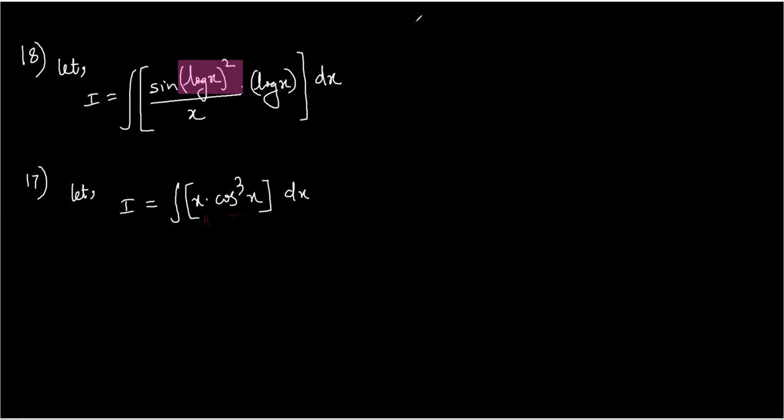x is an algebraic function and cos cube x is a trigonometric function. So if I'm going by the LIATE rule, it is LIATE. So as per the LIATE rule, A and then T, so it is proper. So if I'm applying integration by parts, see what will happen.